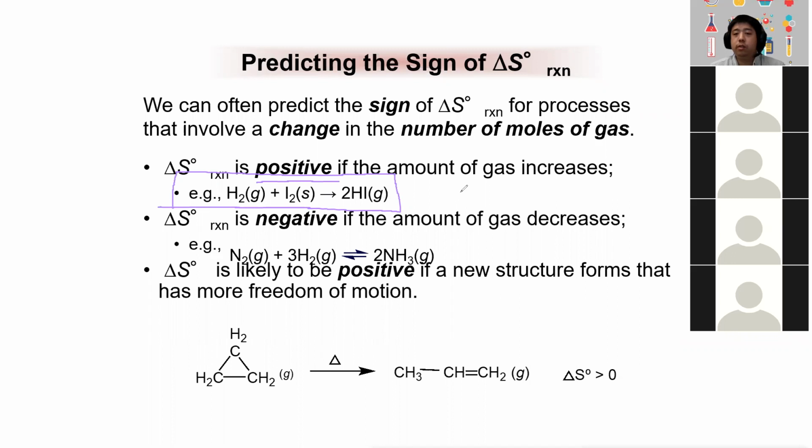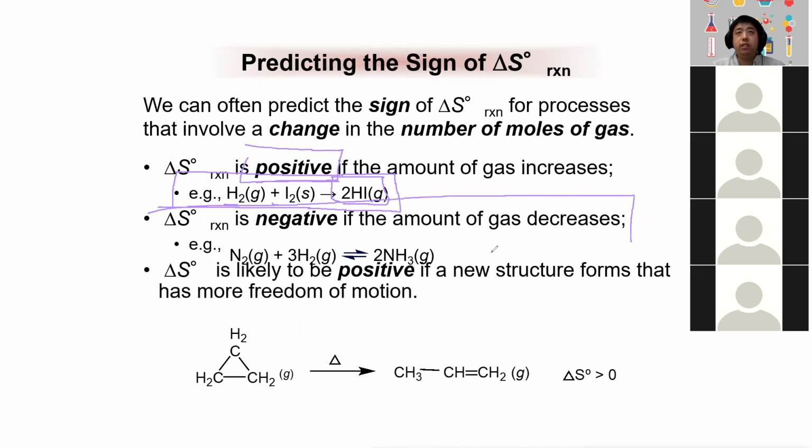Yes or no? I have 1 mole, 1 mole. This is still 2. So essentially 2 moles, right? So I haven't really changed the number of moles of gas, but this has gotten more complex. Okay, so delta S is positive in that sense.